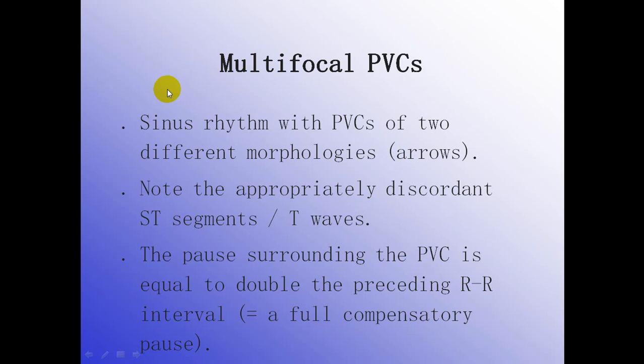Multifocal ventricular contraction is sinus rhythm with premature contractions of two different morphologies, as we said in the previous diagram. Note that the morphology is different, and the ST-T wave, if it's an R wave up, it's down. If the S wave is first, it is up.